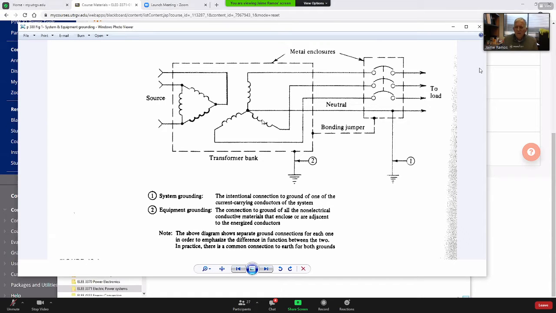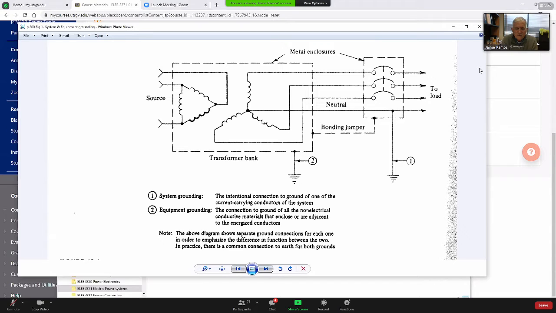Now, we have also number 2, grounding all non-electrical conductive materials that enclose or are adjacent to the energized conductors. The metal enclosures in this diagram are represented by dashed lines. Those metal enclosures are called non-electrical conductive materials.